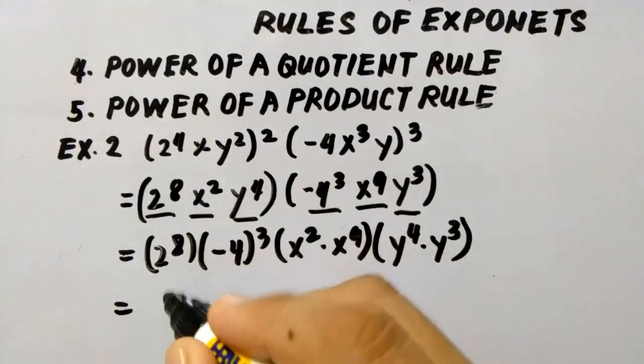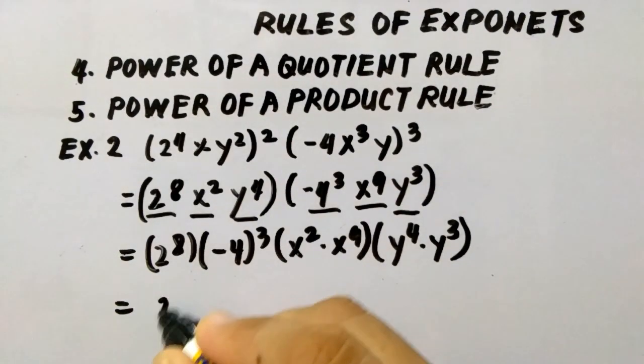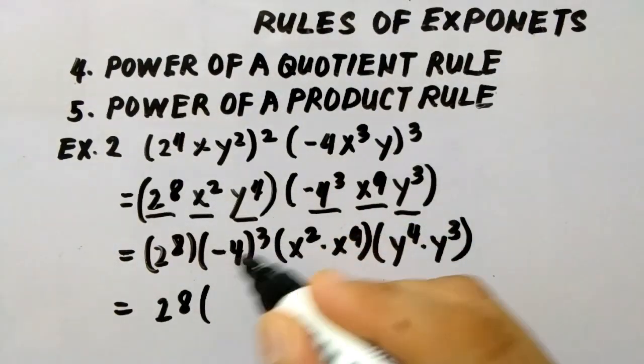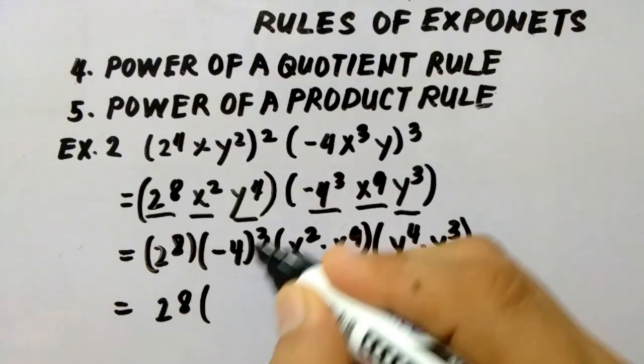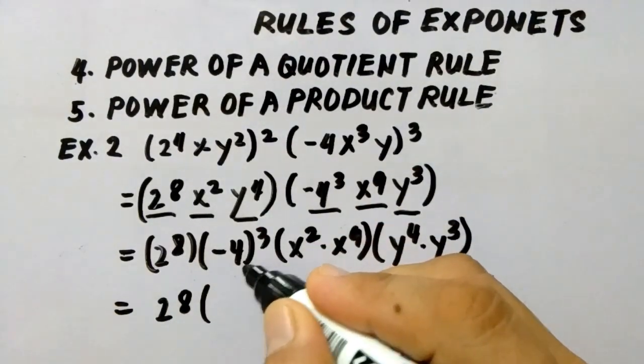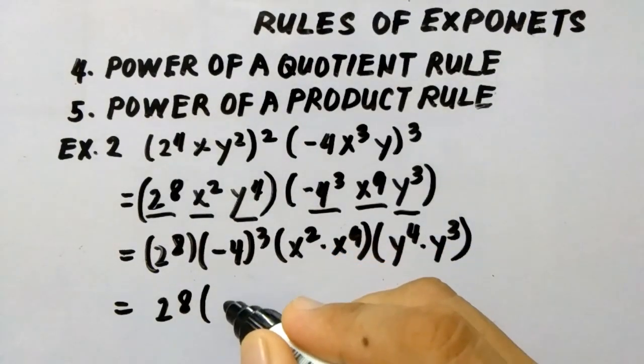Equals 2 to the 8 times, yung 4, ita-times po natin ang 3 beses. 4 times 4 is 16, times 4 is 64.